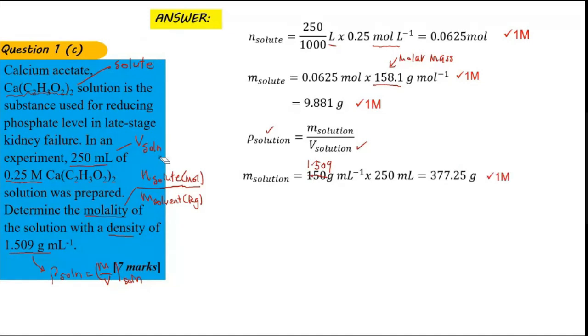Okay, look at your target, or your task. What you want is mole of solute, which is already here. Mass of solvent, we need to calculate. We have mass of solution, we have mass of solute. So mass of solvent, you take mass of solution minus mass of solute.